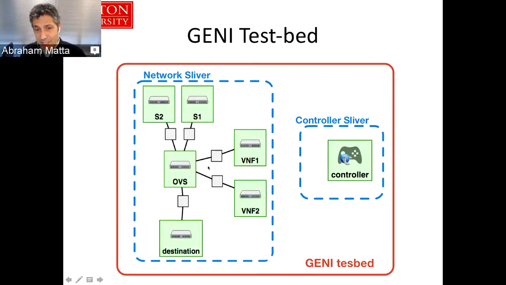Basic control theory says that the feedback delay should be small enough to make sure that the system is stable or converges to the desired operating point. So although the controller can run anywhere, it doesn't make sense to put it at the very end of the world. Otherwise, it would be ineffective.